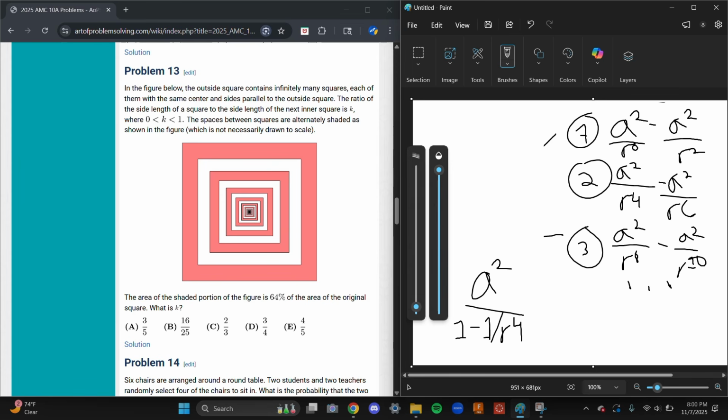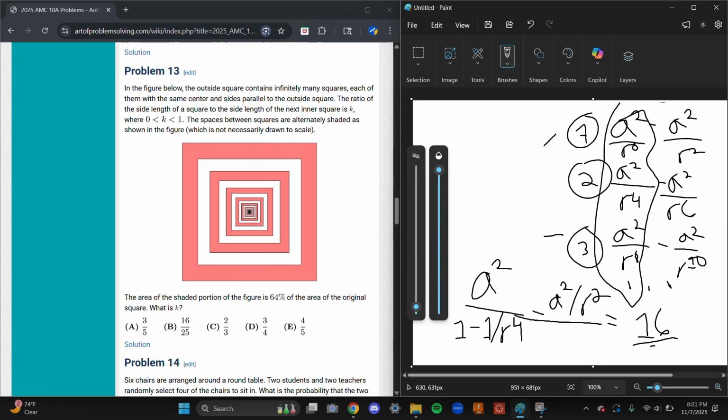Right, that gives me the infinite sum of this side, and I want to subtract from that the infinite sum of this side. Now the infinite sum of this side is going to be, again, the first term, which is A squared over r squared, over the same thing, right? The 1 minus common ratio is going to be constant here. So A squared minus A squared over r squared, over 1 minus 1 over r to the 4th, is going to be equal to 16 over 25 times A squared.